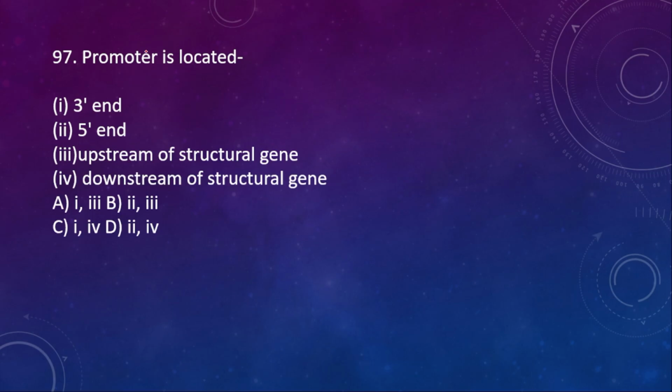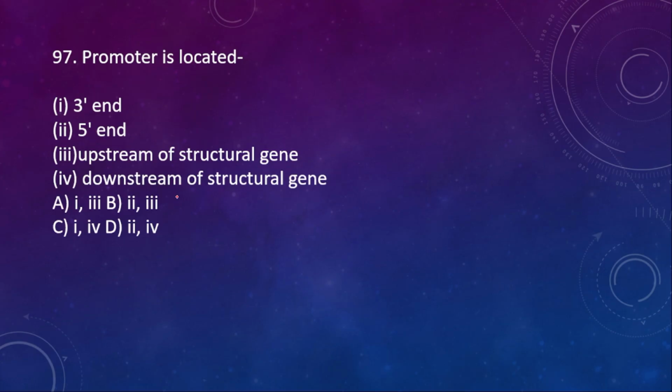97. Promoter is located first at 3' end. Second one at 5' end. And then third one upstream of the structural gene.